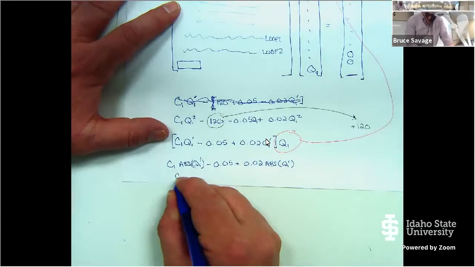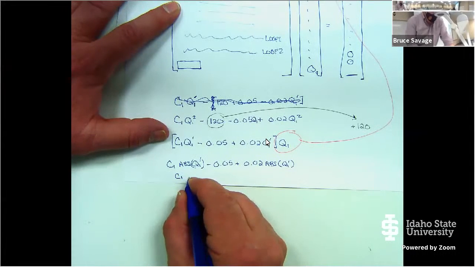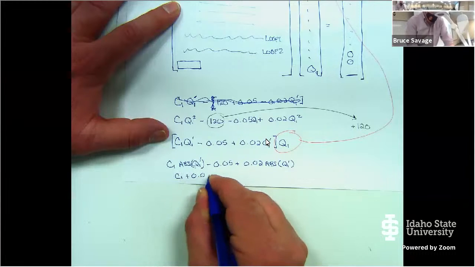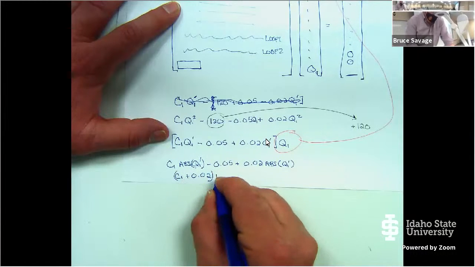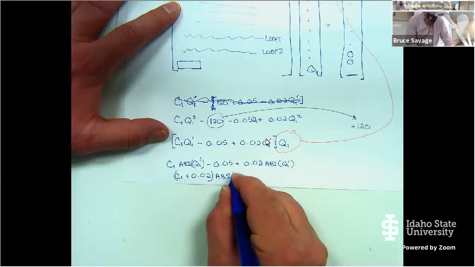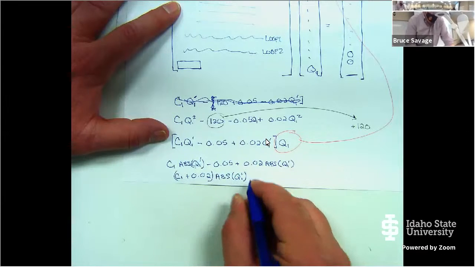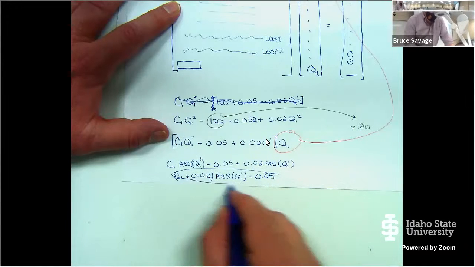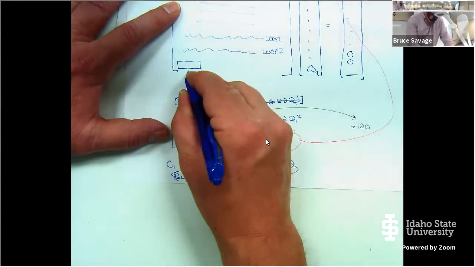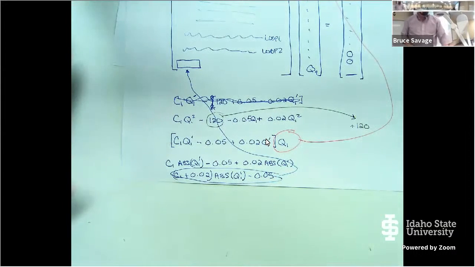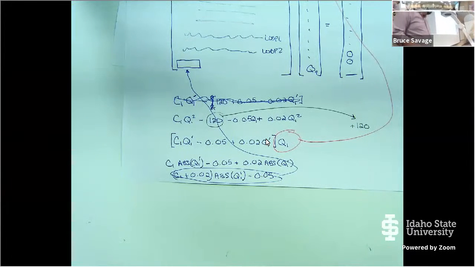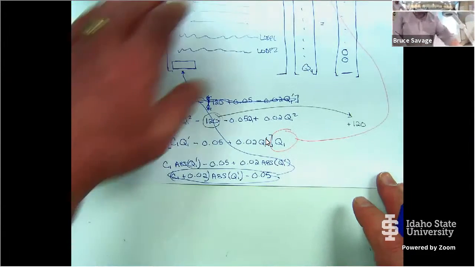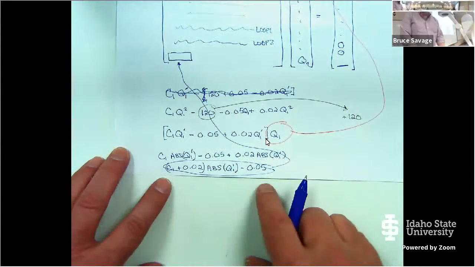You could say C sub 1 plus 0.02 times the absolute value of Q sub 1 prime minus 0.05. And this thing right here is what would go into that cell right there. Okay. So really nothing different than we talked about last time. We just put some numbers to it.